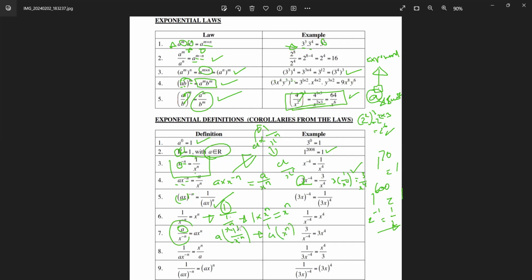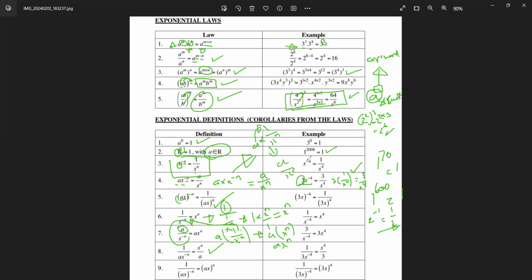Because this comes from this definition, which is equal to a x^n. Simple as that. Then here you do the same thing, but the only thing is 1 over a. Then you do the same thing, it's going to go above. Then you get this. These laws, you just have to know them properly and very, very well for you to be able to ace them.